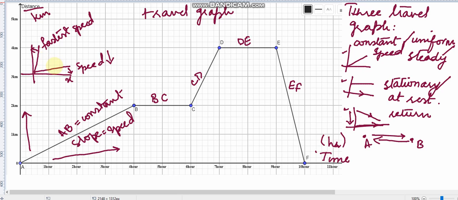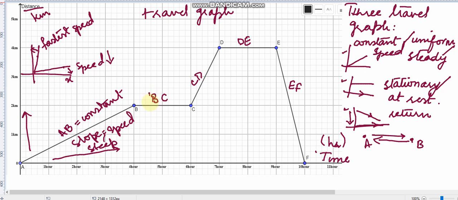Plus, you may say that the slope of this line is lower in that area and the slope is at its highest in this part. So you can either talk about the slope or you may use the word steep. These are the terms you can use in your answers to define constant speed with respect to the graph or line. For example, the slope of line A to B is showing the constant speed, or the steepness of the line is showing the speed.